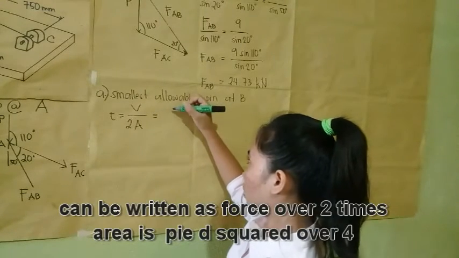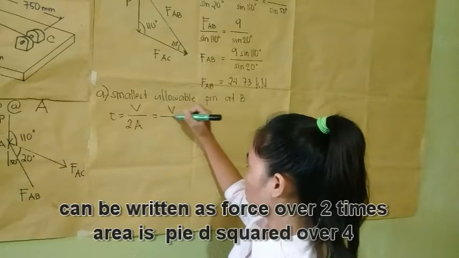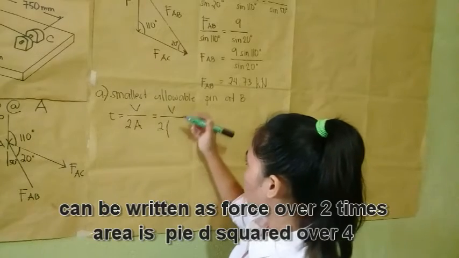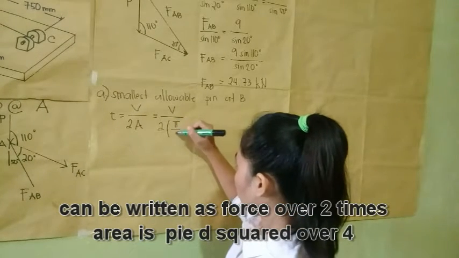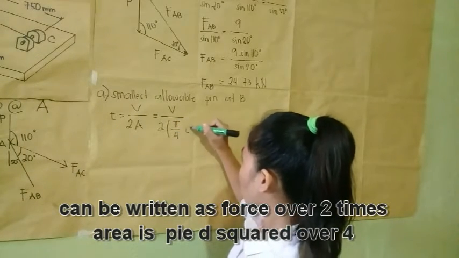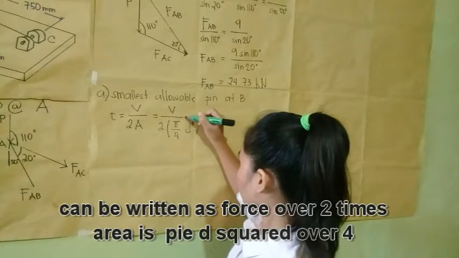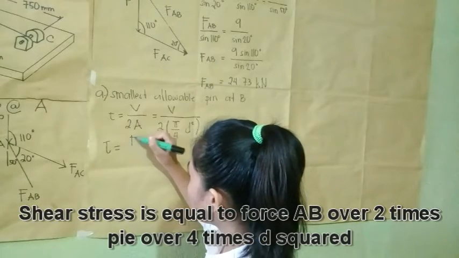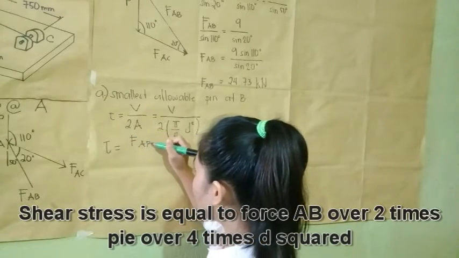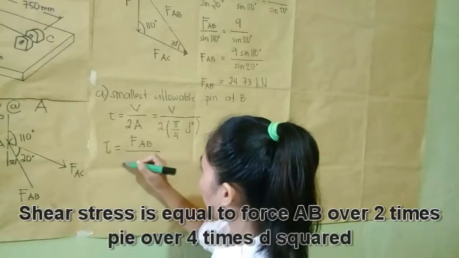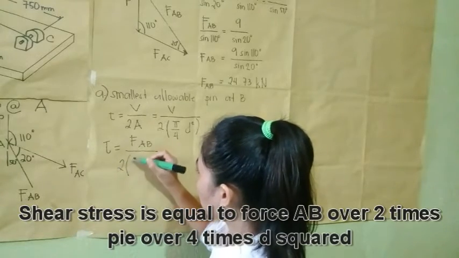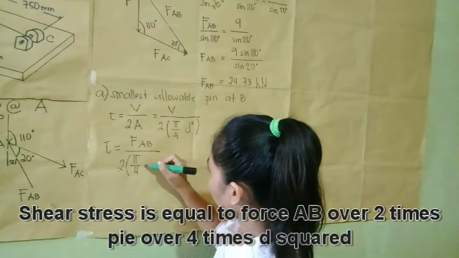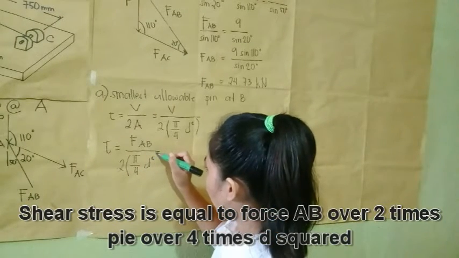It can be written also as force is equal to 2 times area, and area is pi over 4 d squared. Shear stress is equal to force AB over 2 times pi over 4 d squared.